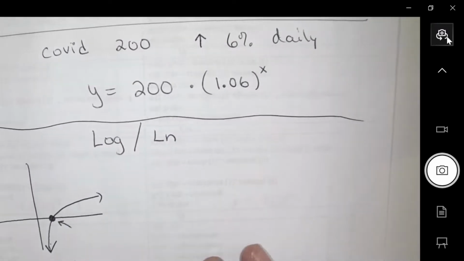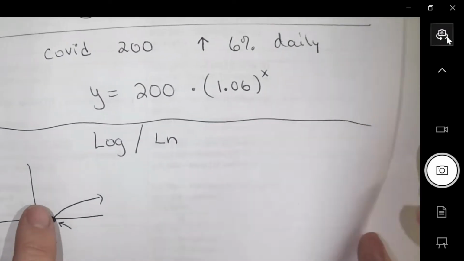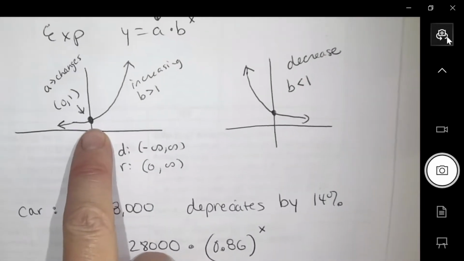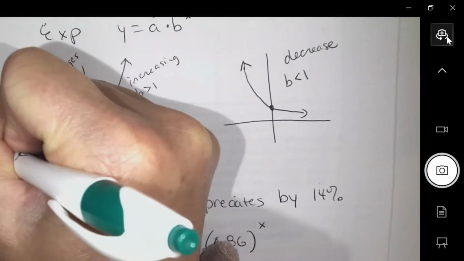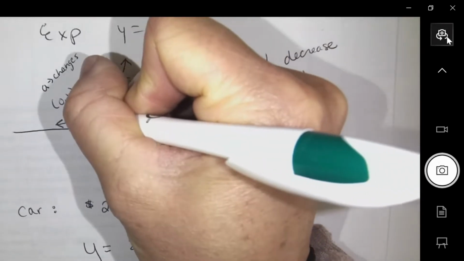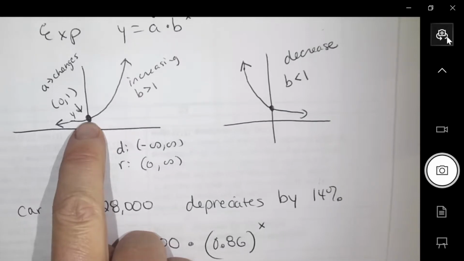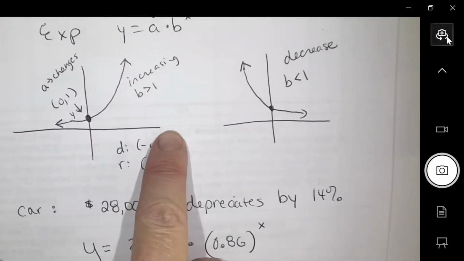This time, do you remember what changed here from the exponential? This one had a y-intercept, and then it would have no x-intercepts, right? It has a y and no x-intercepts. It doesn't touch that line.